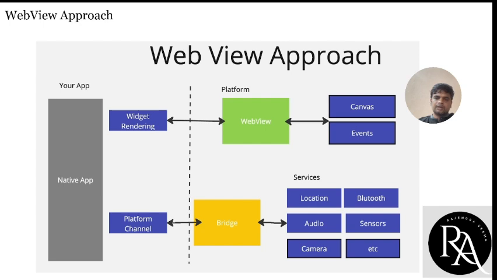Your app can emit or receive events from the platform through the web view. And in the web view approach, if you want to access the services of the platform, you have to access them through an intermediate called the bridge. These bridges are commonly written in the JavaScript language.